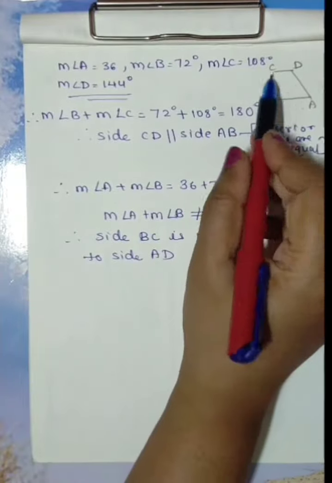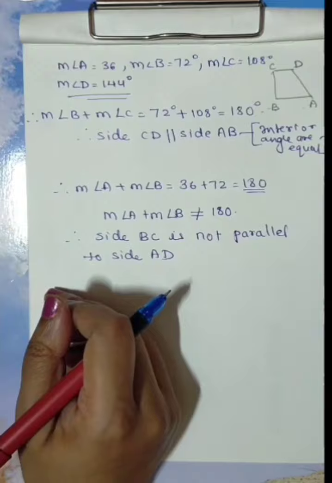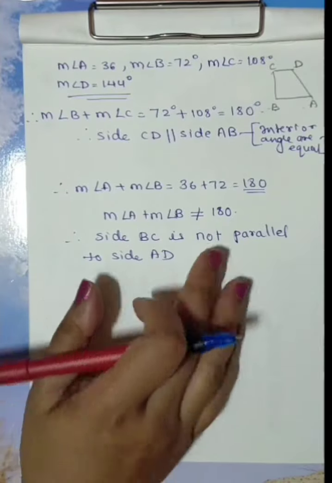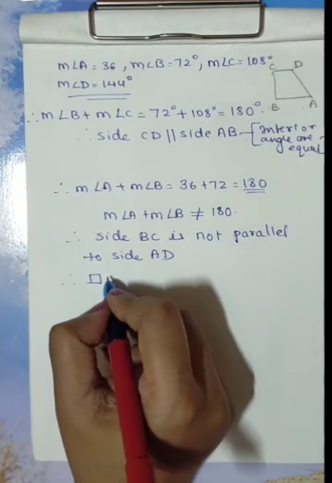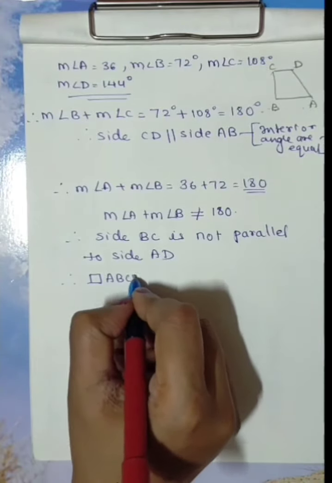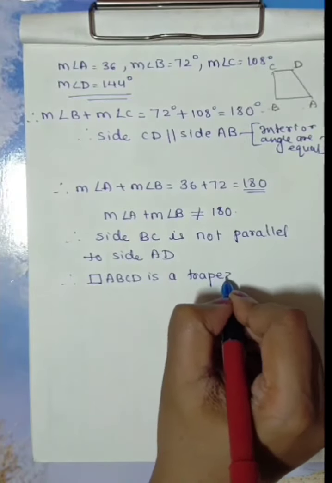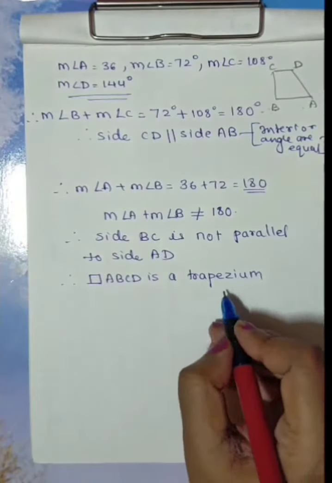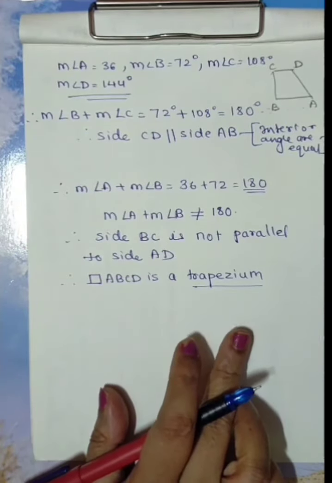So in the question they ask what type of quadrilateral it is. So therefore quadrilateral ABCD is a trapezium. Okay, it's a trapezium. I hope you understood question number 4.